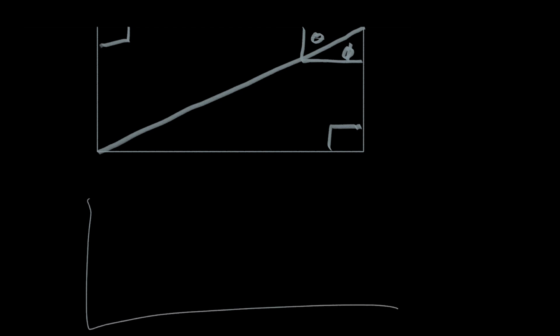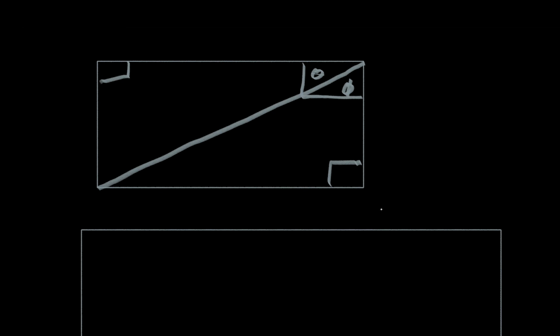Okay, notice if we just made this rectangle bigger. So imagine that this is just a rectangle that we've blown up. Okay, so we've rescaled it by some constant. So if this was the length of this rectangle, and this was the width of this rectangle, let's say we made this rectangle 5 times as big. So this would be 5 times the width of our previous rectangle, and this would be 5 times the length.